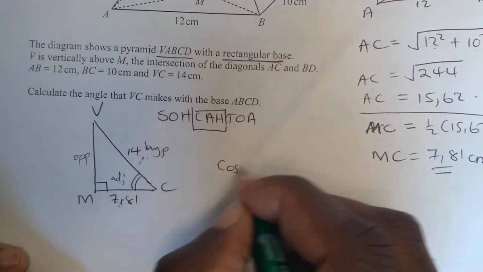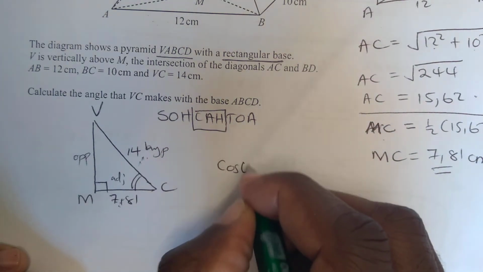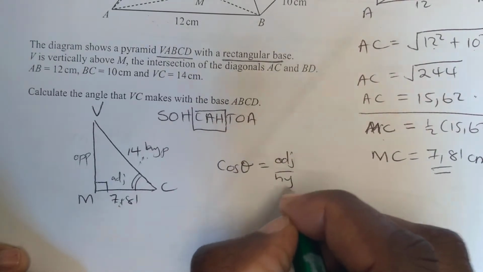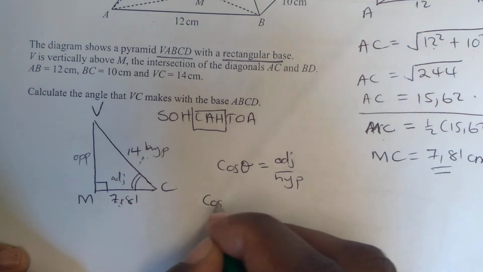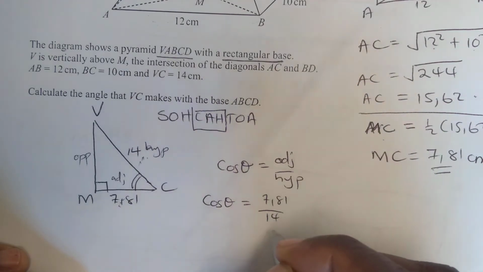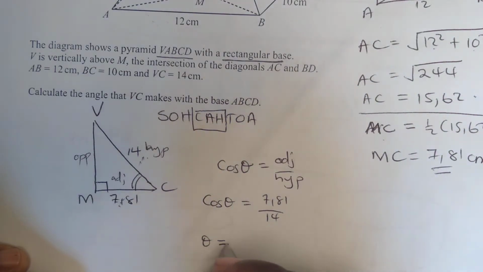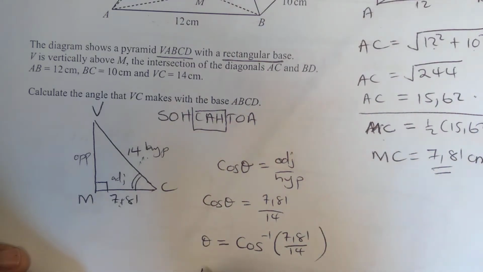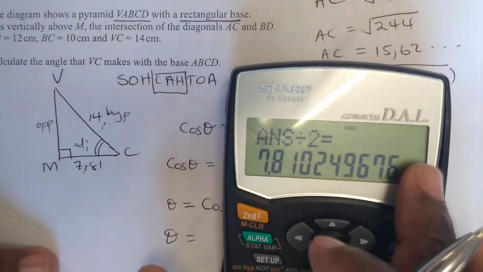So cos theta is equal to adjacent over hypotenuse, and adjacent is 7,81, the hypotenuse is 14, meaning for me to find theta I'll have to find the cos inverse or arc cos of 7,81 divided by 14. I'll punch this on a calculator and get the answer.